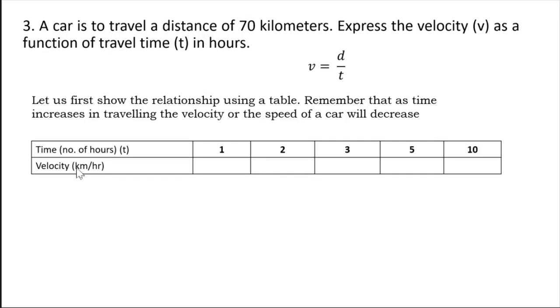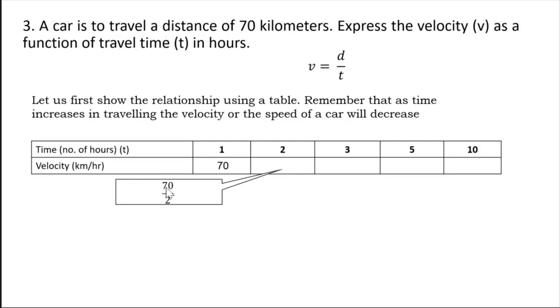So we have to divide 70 kilometers by the number of hours. So 70 divided by 1 is 70. So meaning the velocity is 70 kilometers per hour. How about if we travel 2 hours?